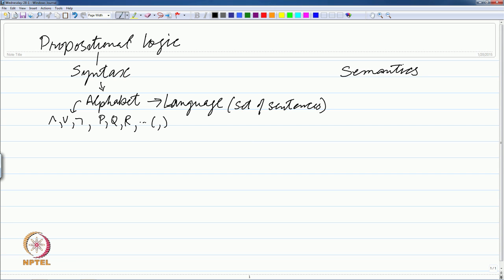As far as propositional logic is concerned, by semantics we mean truth functional semantics. We defined the notion of truth values.